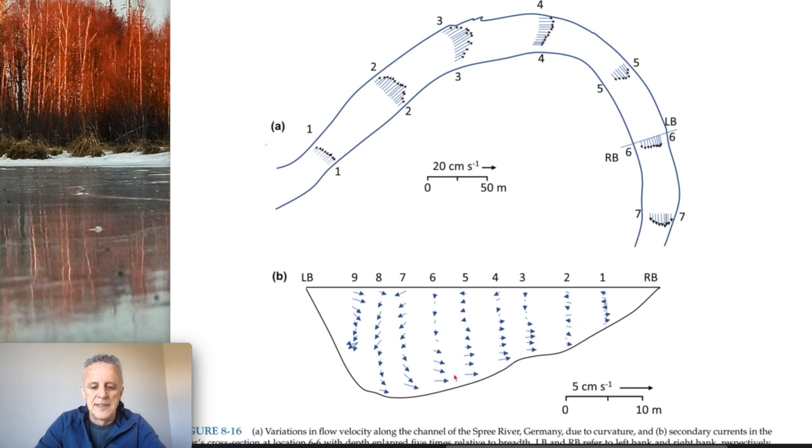So the river, as you can see, is not straight, it has a diagonal to it. It's shallower on the right bank than it is on the left bank.